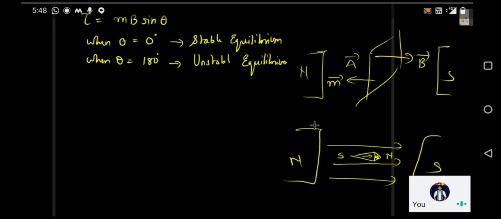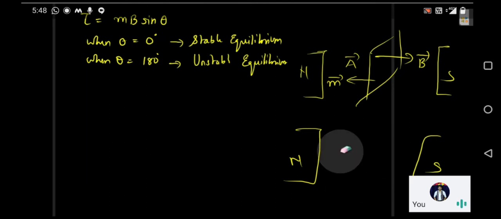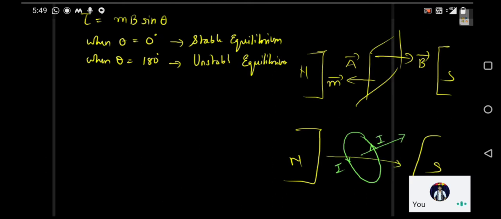If you have a current carrying coil placed, what is the direction of magnetic field? We know the magnetic field direction is given by the right hand thumb rule. So supposing I take a circular coil and place it like this, and the current is flowing in this direction, let's say anti-clockwise. The thumb is going to give you the magnetic field due to the coil, but the original magnetic field is going like this.